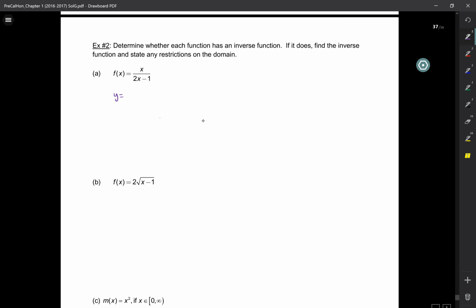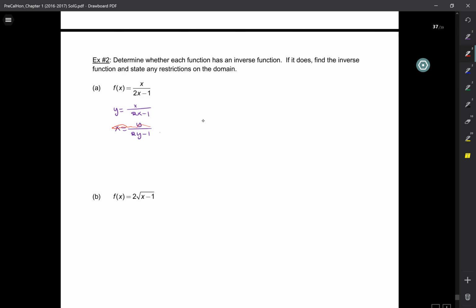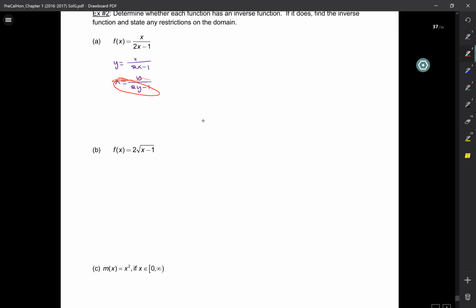We're going to rewrite this as y equals x over 2x minus 1. Now I'm going to interchange x and y. So it's x equals y over 2y minus 1. Just switch all the x's for y's and y's for x's. Now I need to solve for y. So let's cross multiply. On this side, we're going to get x times 2y, so 2xy minus x is equal to y.